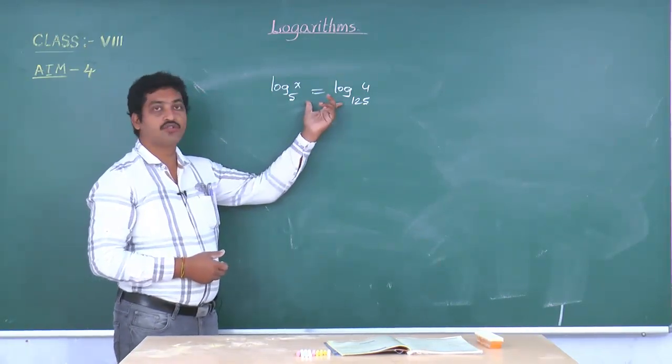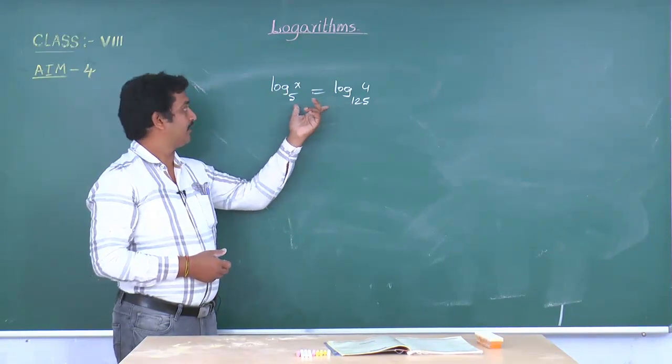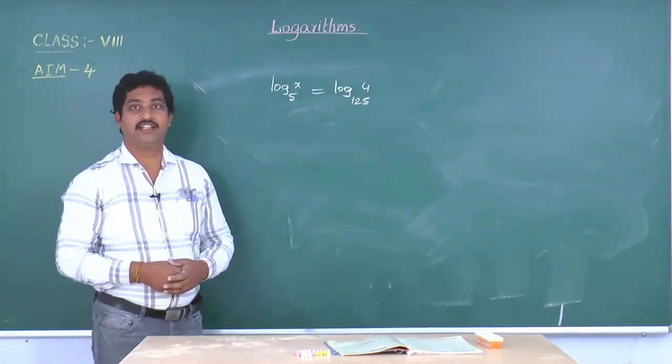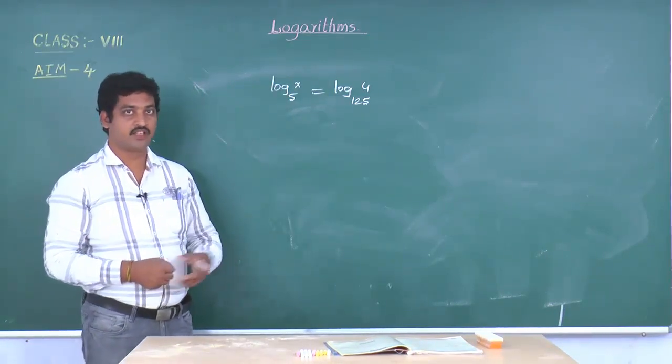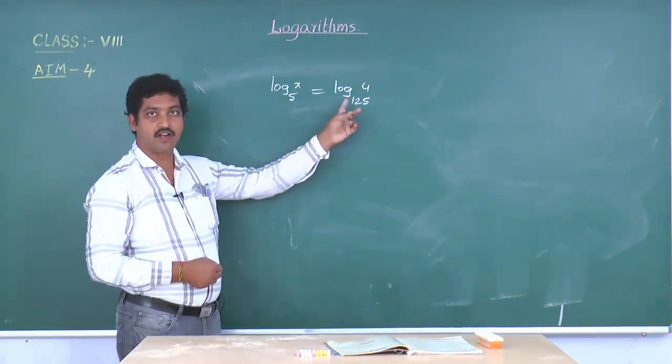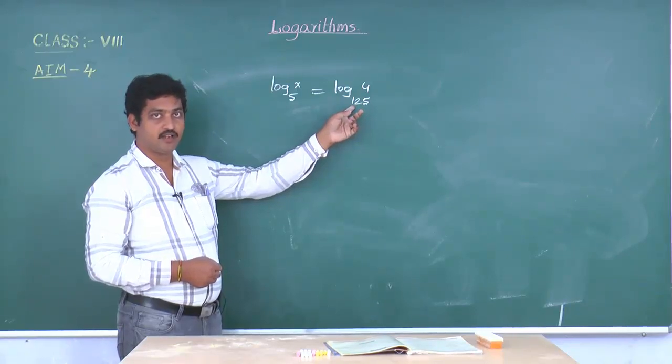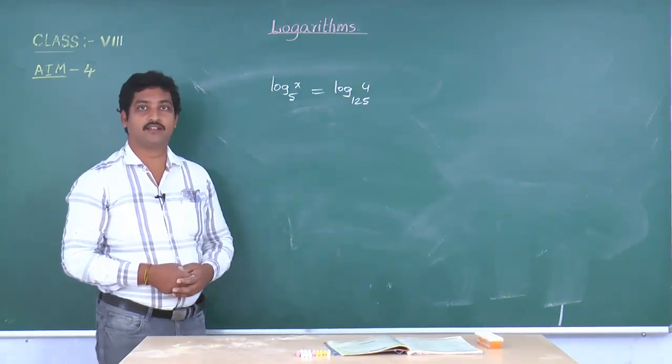Before comparing these two logarithms, we have to make the bases equal. Here what is the base? 5 is the base. Here what is the base? 125 is the base. So make these two bases equal.